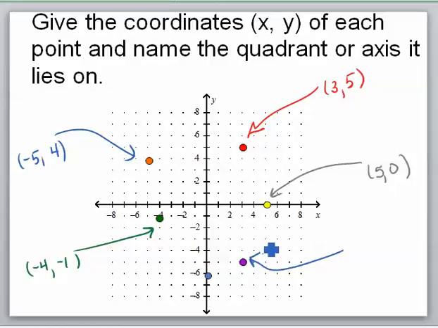The purple dot, I am going out 1, 2, 3, and then on the y-axis I'm going down -5. And then my last dot here, the blue dot, I didn't go anywhere on the x-axis, so that's a 0, but I went down -6.